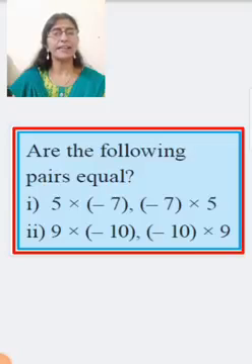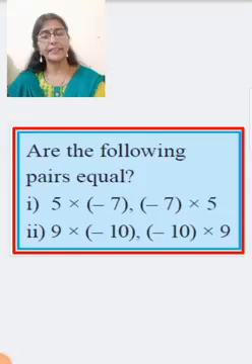So what you see here, both the answers are the same, that means they are equal, and this property is called the commutative property of multiplication of integers.